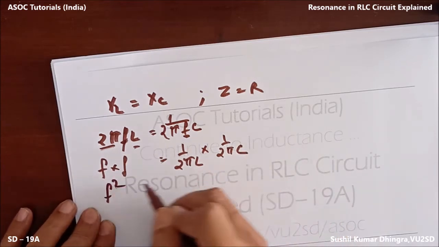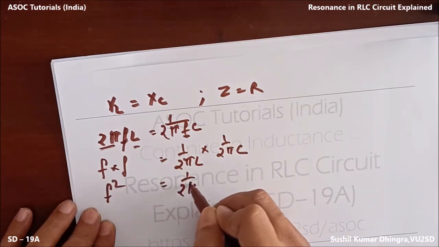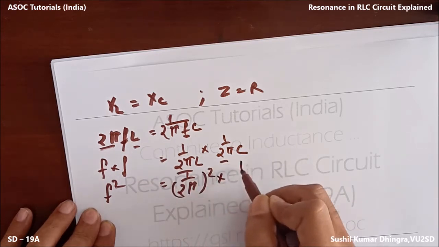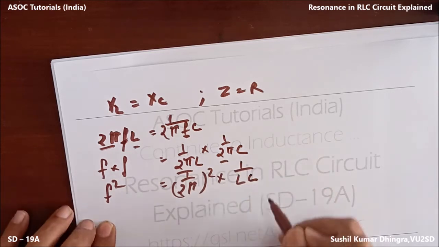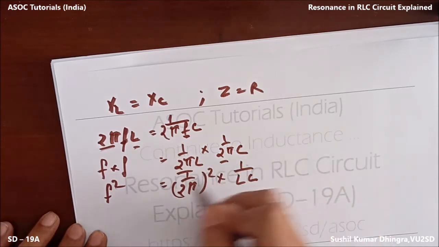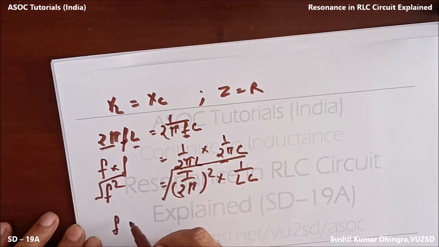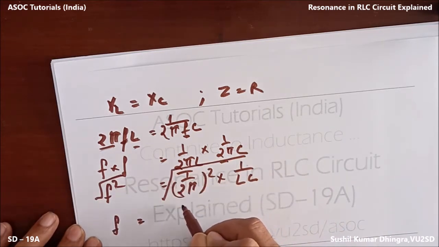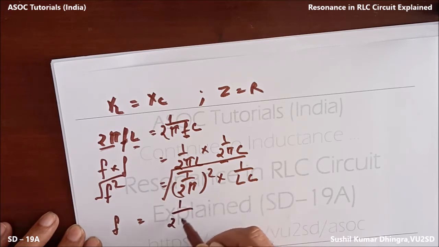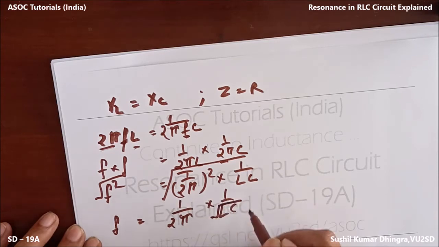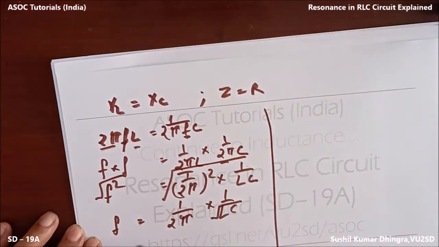So F square is equal to 1 by 2 pi, whole square, into 1 by L and C. If you take the root of the whole value, F, the resonant frequency, is equal to 1 by 2 pi into root of 1 by LC. This is equation 1 to calculate the resonance frequency.